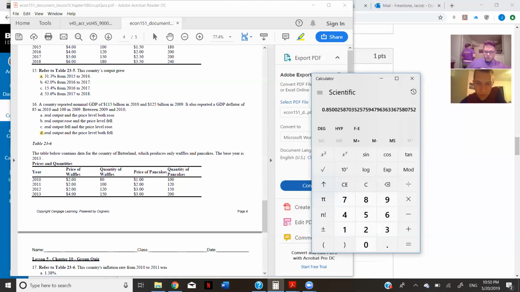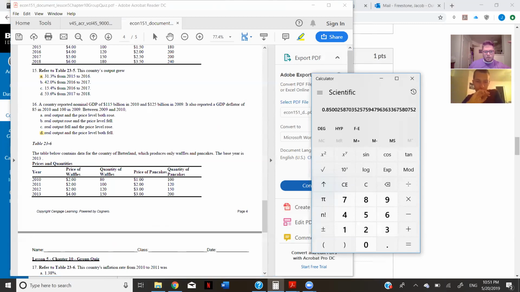Oh, okay, so I think you're right. I think real output rose and price level fell. By using the formula, if you use the formula of nominal GDP over real GDP times 100 gives you your deflator. And if you solve for X for both of those, you get a real output of 125, because 125 in the base here is going to be the same.